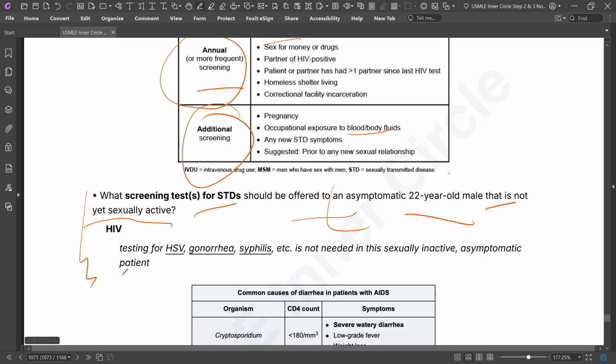Testing for HSV, gonorrhea, and syphilis is not needed in a sexually inactive asymptomatic patient. But if an asymptomatic 20-year-old male comes with STD features, think about AIDS.